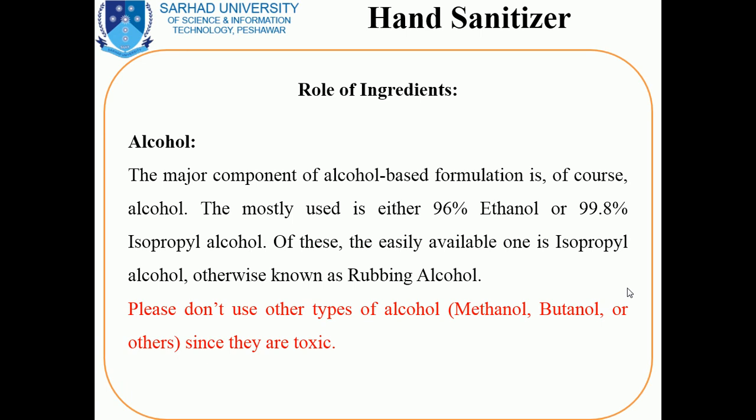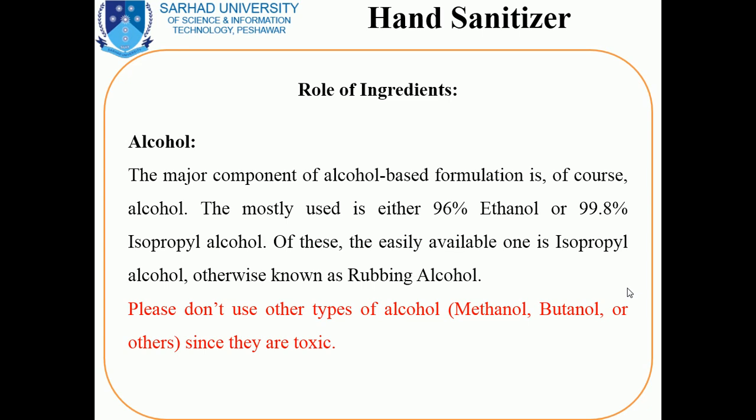Next is the role of ingredients. We have used different ingredients in the formulation of hand sanitizer. The first ingredient is alcohol. The major component of alcohol based formulation is, of course, alcohol. The most used is either 96% ethanol or 99.8% isopropyl alcohol.